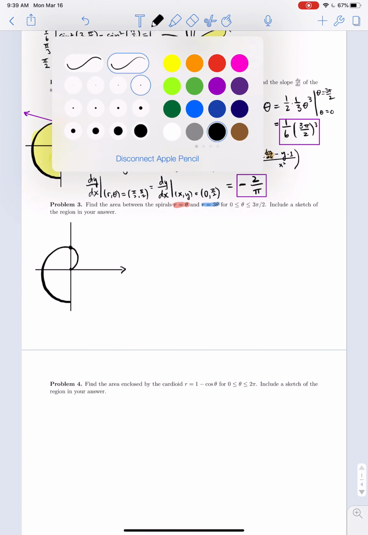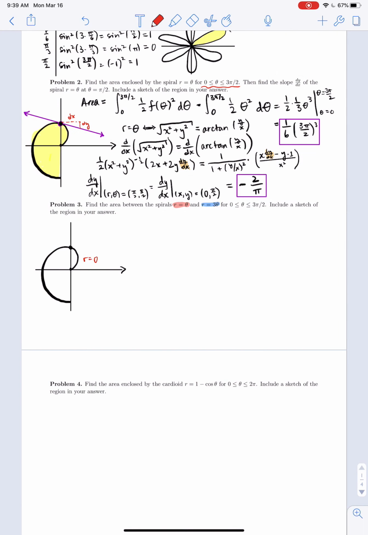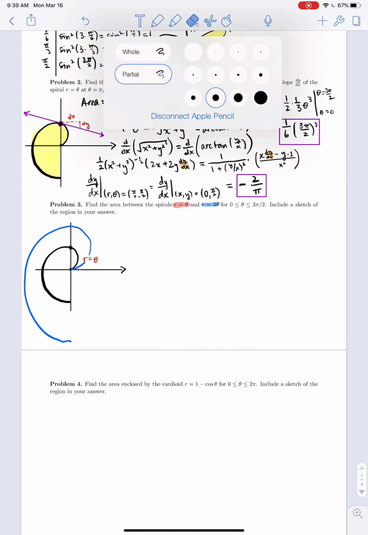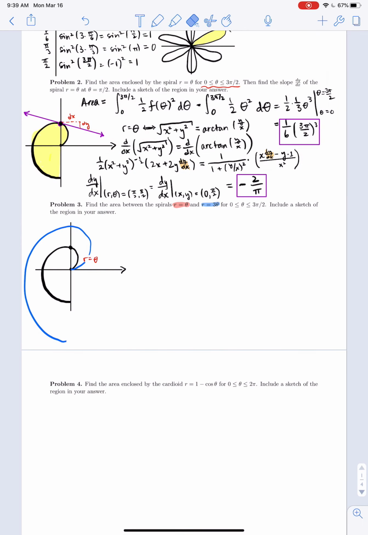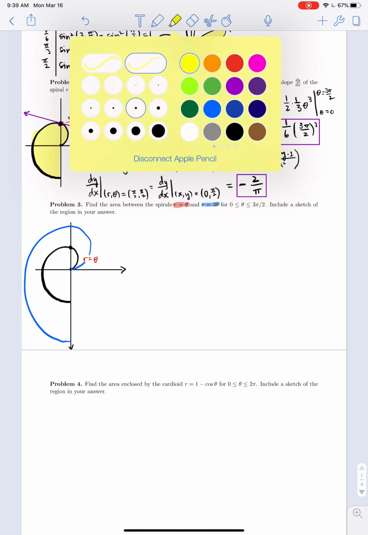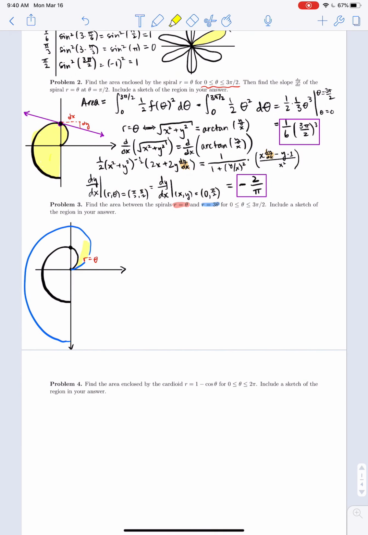Okay, so there is our curve r equals theta. So r equals 3 theta is basically just going to have the same shape, but it's going to get bigger a lot faster, because it's taking whatever angle you're at, theta, and scaling it by 3 instead of being equal to theta. Okay, so the polar region we are trying to compute the area of is the area that is within these two polar curves. So it would be this region.